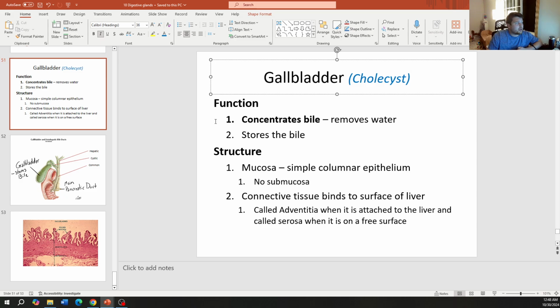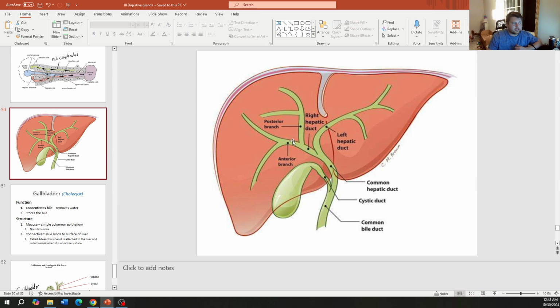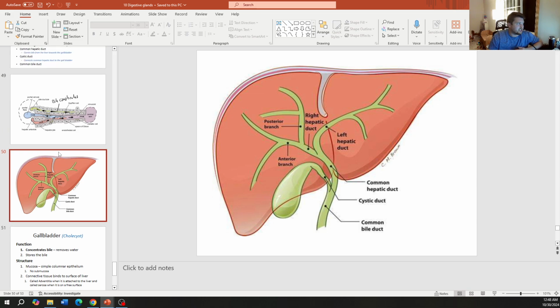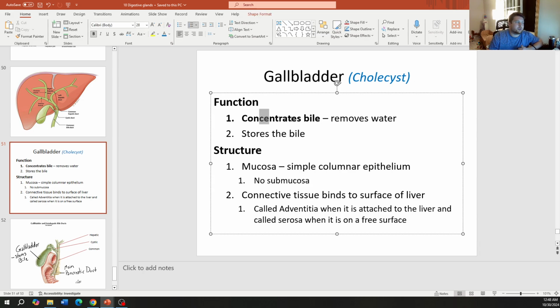The function of the gallbladder is the bile that is produced in the liver comes down, goes through the common hepatic duct, and then comes up through the cystic duct and is stored in the gallbladder. As it is stored in the gallbladder, it removes water from it in order to concentrate the bile.